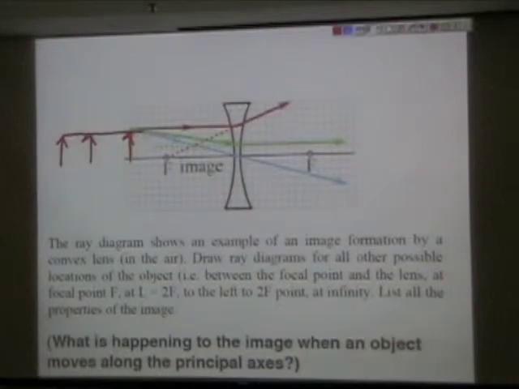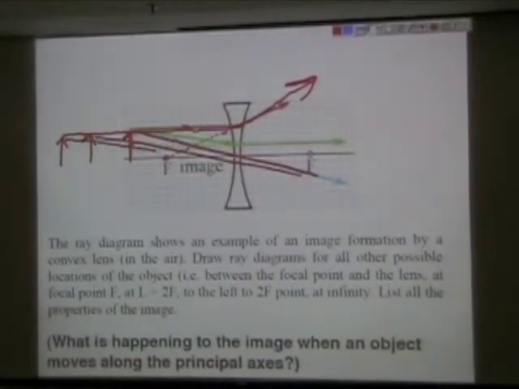This ray always tends away from the principal axis, so its extension travels through the focal point. This ray, or this ray, or this ray, always is straight, doesn't bend. So the image is formed here, where the extension crosses the central ray.